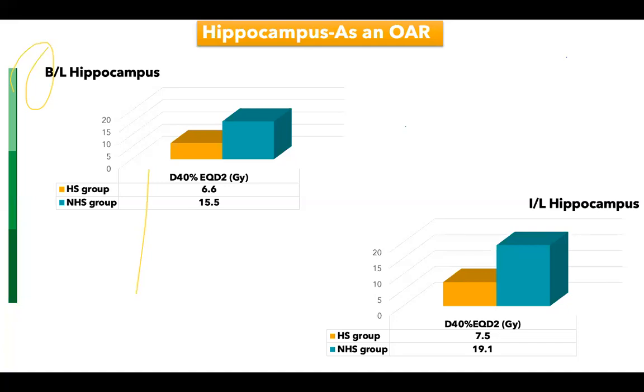So this works out to approximately a little over 16 gray in this dose fractionation for an alpha beta of 2. So this is something that we need to be cognizant of, that when we are treating so high up, when we are talking about nasopharynx or gingival sulcus, it is important to spare this area.